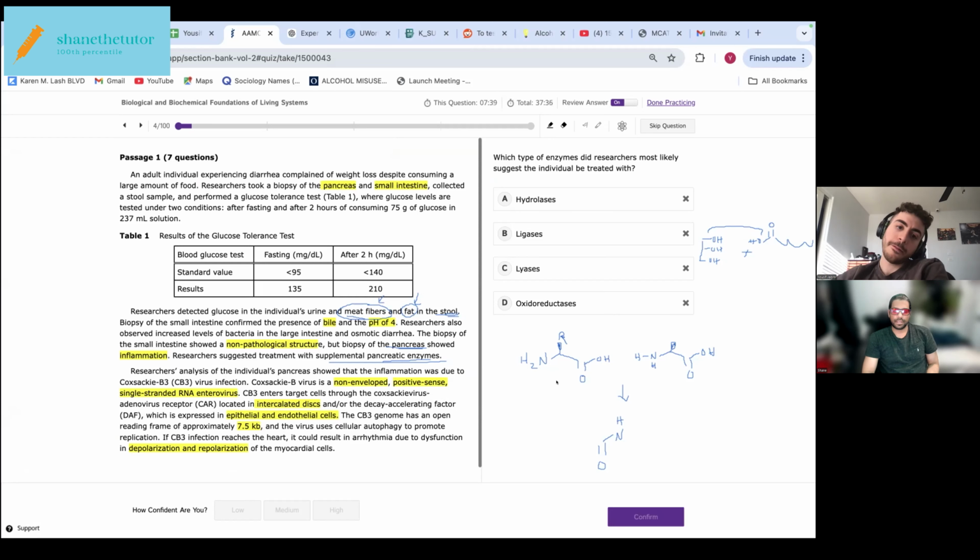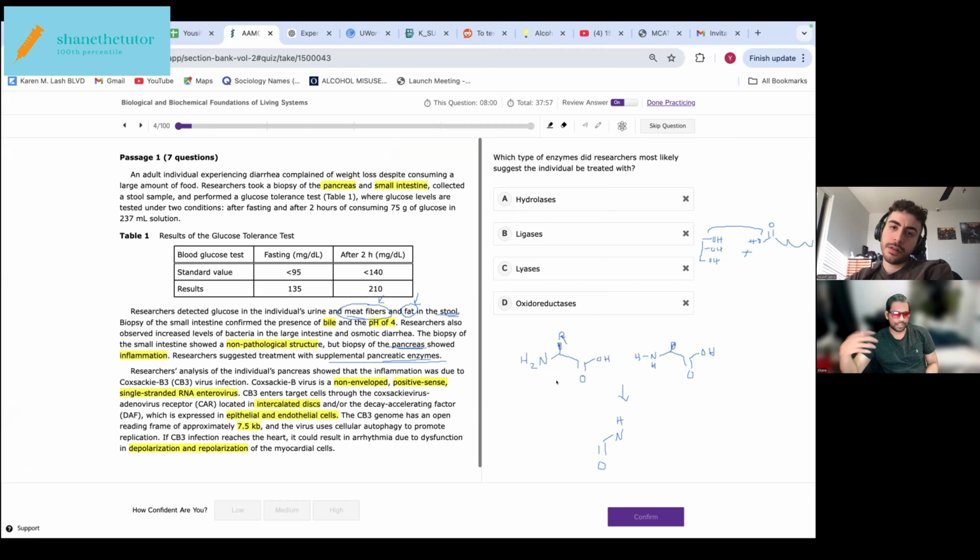So, makes sense. You're right to eliminate B and D because B would bring things together, and D is just redox. And then A and C are both breaking things down.